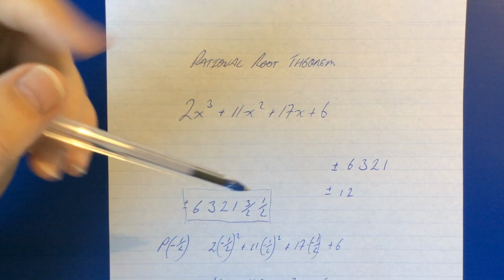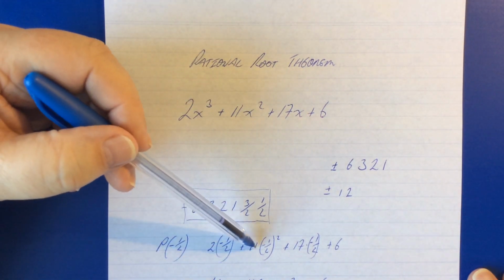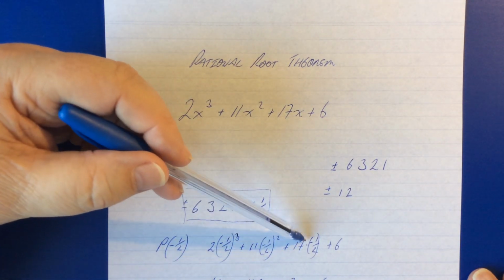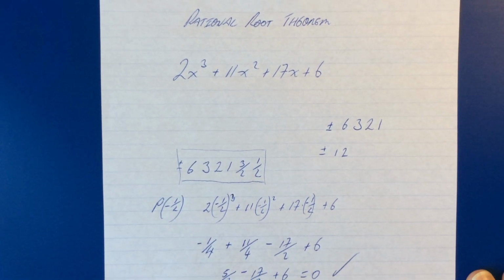2 times negative a half, sorry, that should be cubed, plus 11 times negative a half squared, plus 17 times negative a half, plus 6. Moving right along, that tidies up to negative a quarter plus 11 over 4 minus 17 over 2 plus 6, and again that tidies up to 5 on 2.